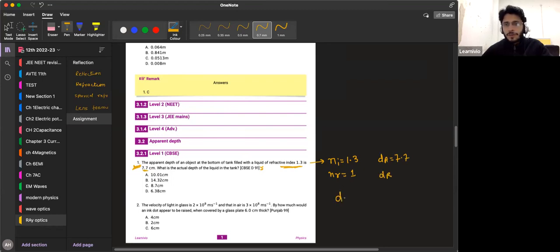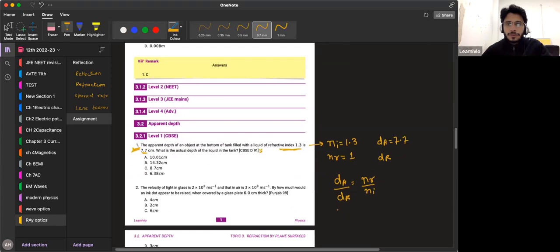So the relation that we have derived is D apparent by D real is n_r divided by n_i. Just substitute the values. D apparent is 7.7, D real is unknown. n refracted is 1 and n incident is 1.3.